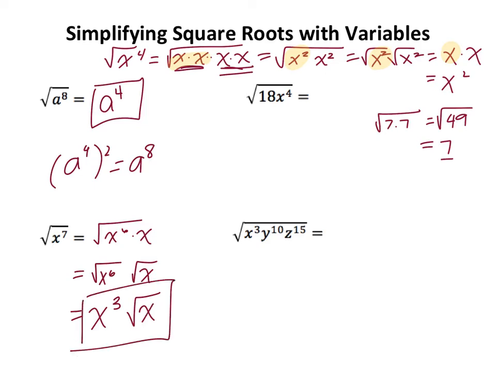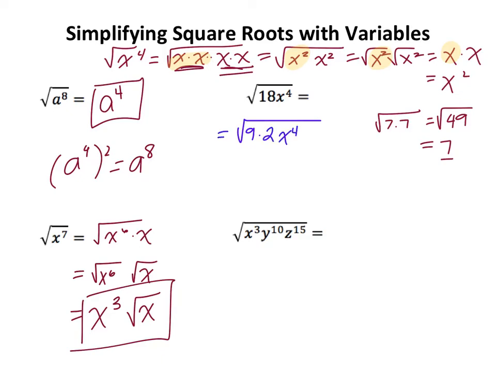Looking at this one, 18 x raised to 4 within a radical. I'll break up the number and break up the exponent, the variable. So we have square root of 9 times 2. Then we have x raised to 4.